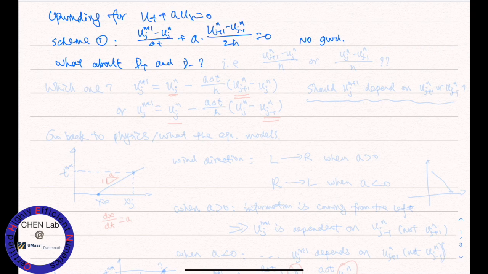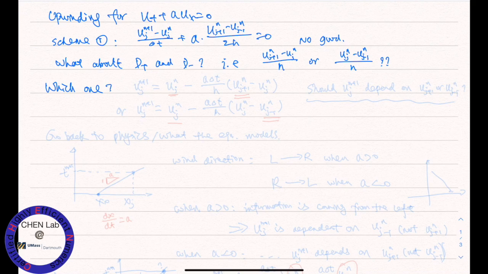In other words, what if we discretize u_x by (u_{j+1} - u_j)/h, or (u_j - u_{j-1})/h? Right? So the first question is, which one should we adopt?